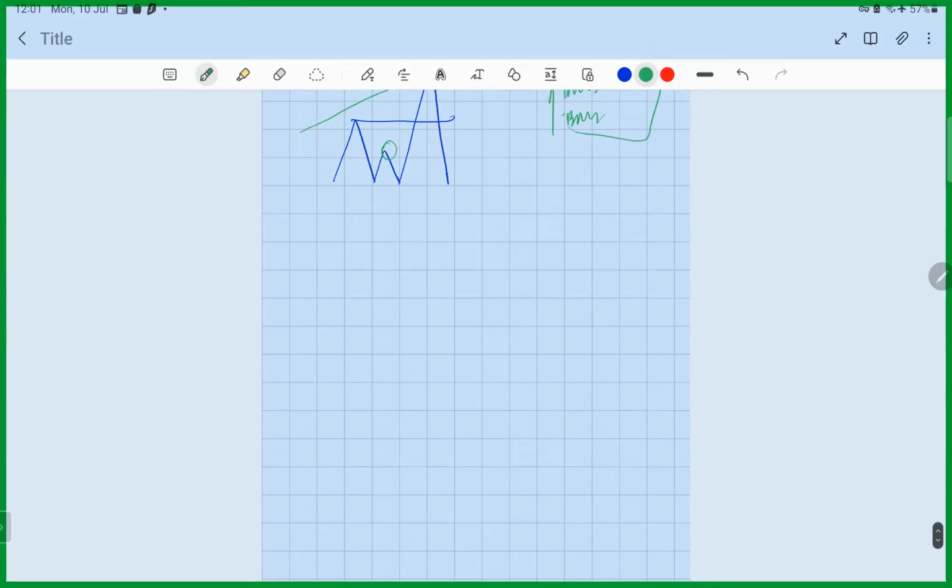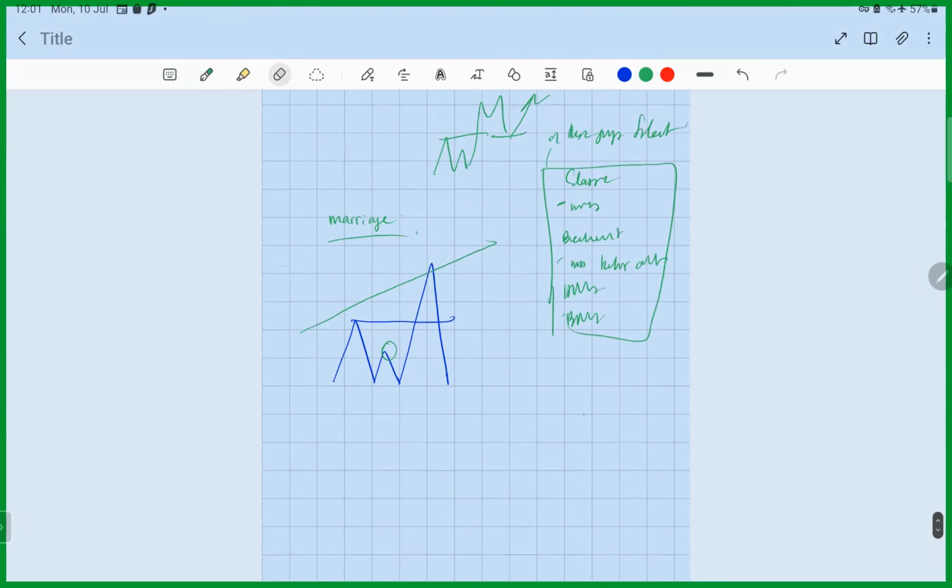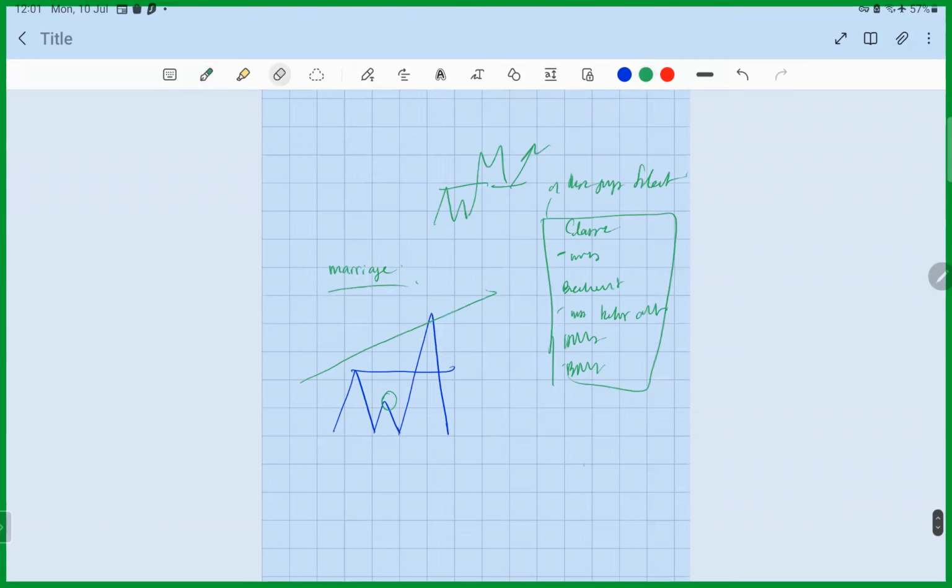Okay? So which is why when you do this, this is incomplete. That's why the shadow is very long sometimes, because there is a trend line that you failed to take.